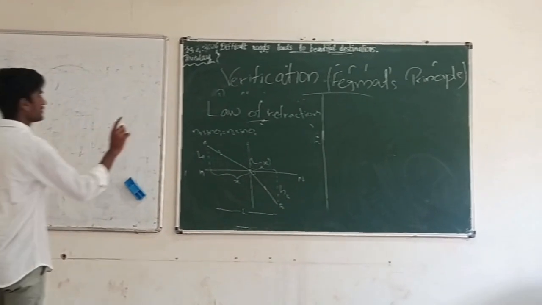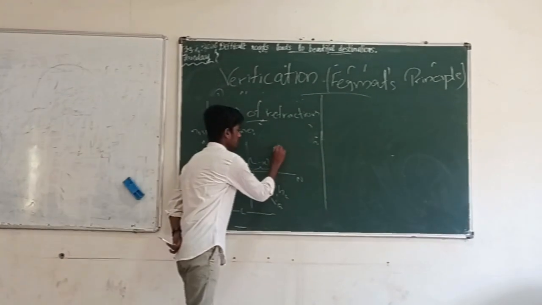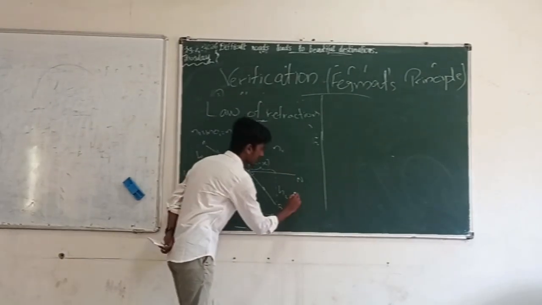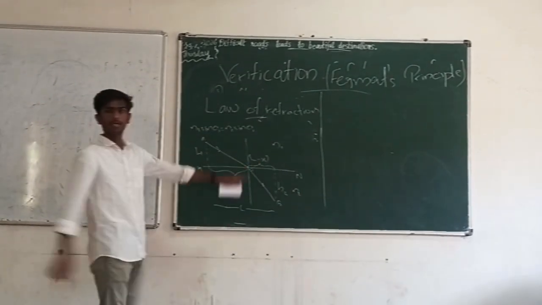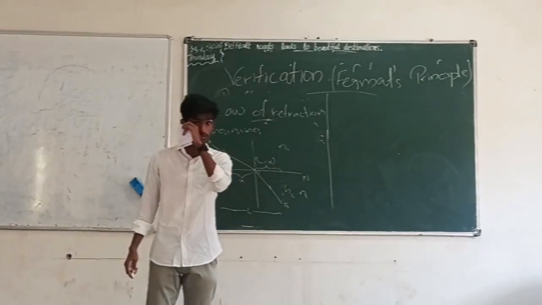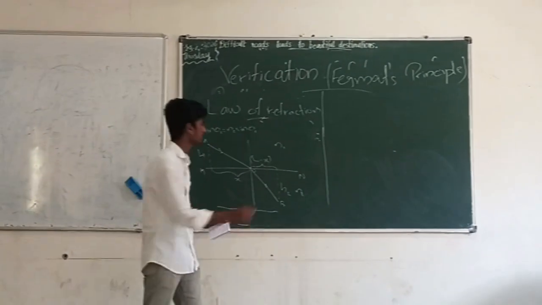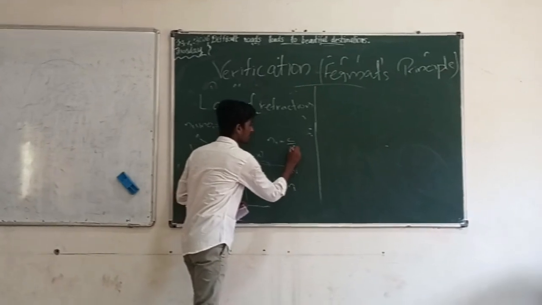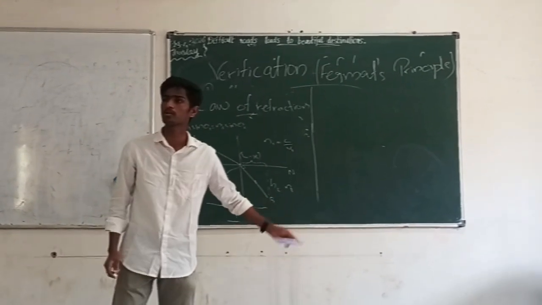And in refraction, the two mediums have two refractive indexes. One medium has n1, another medium has n2. So we know the equation of refractive index. n1 is equal to c by v1. Like that, n2 will be equal to c by v2.